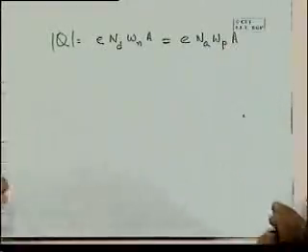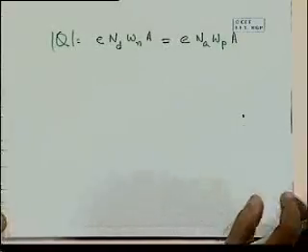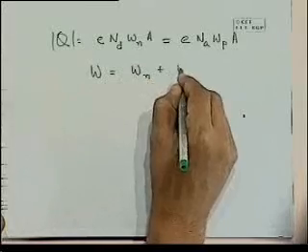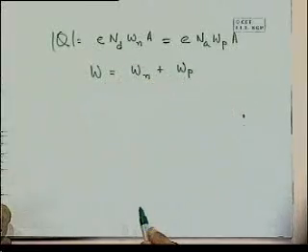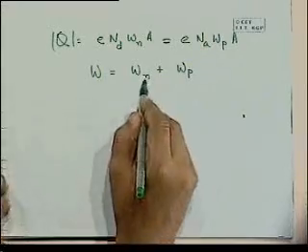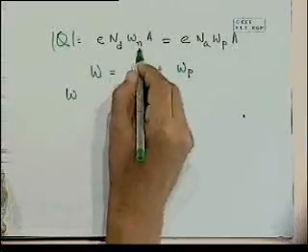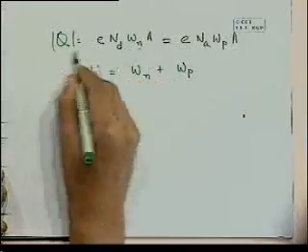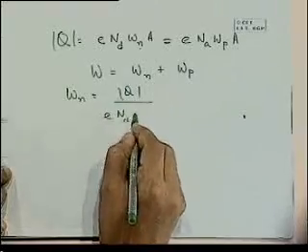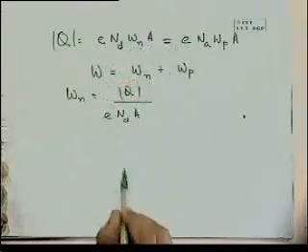That's why I left out the area in the previous equation. We also know that W is equal to Wn plus Wp. Okay? So I can write Wn here from this equation is equal to Q by e Nd A. From this equation, Q is equal to e Nd Wn A.